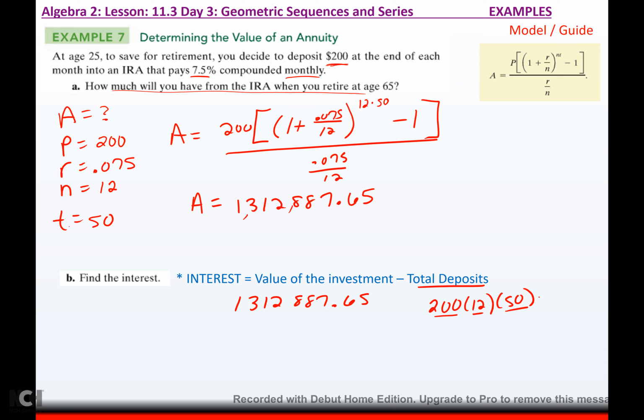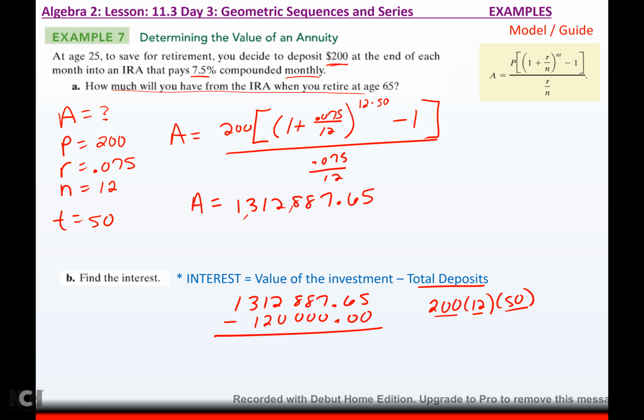So 200 times 12 times 50, and you get 120,000. So you paid 120,000.